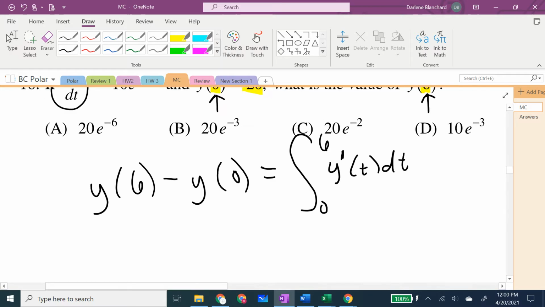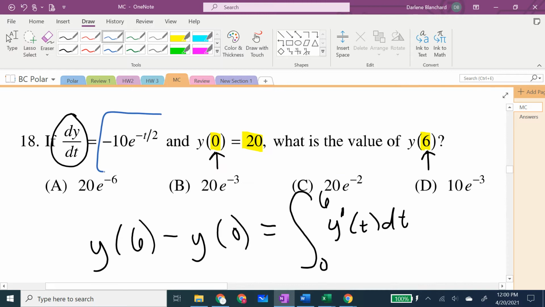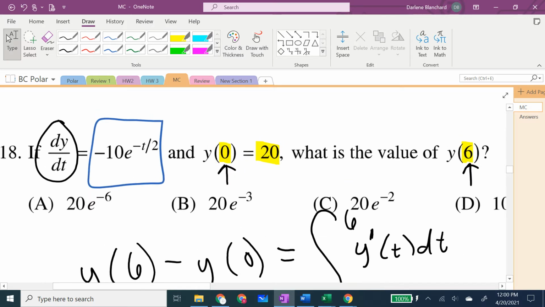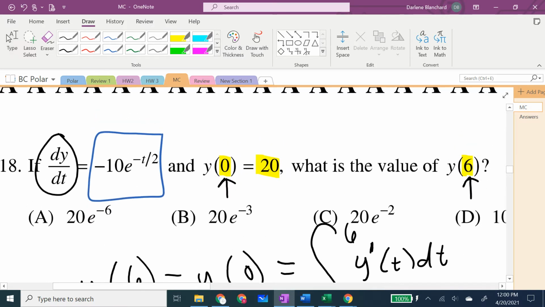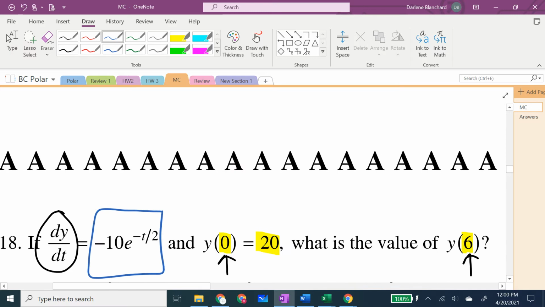Now, let's look at the integral of this function. Now, I need to do a u substitution when I integrate. U is going to be negative t over 2. That makes du negative 1/2 dt. Multiply the negative 2 to the other side.